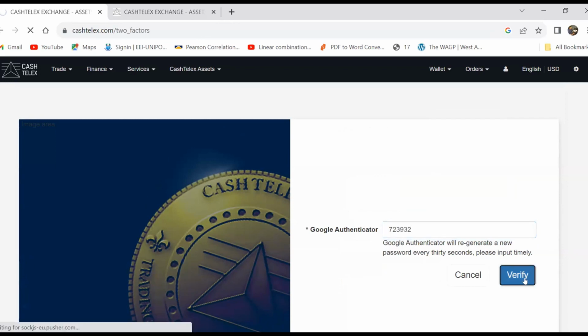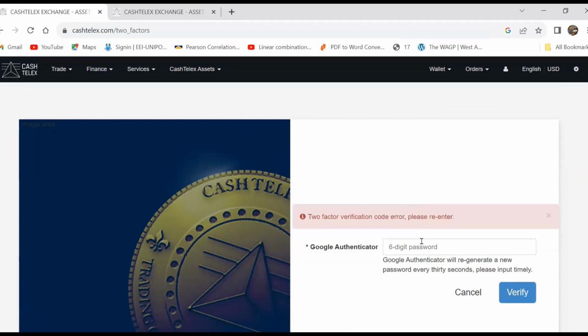Oh, okay, I need to put in another password because the first one did not go. 171270. Okay, so you click on verify.